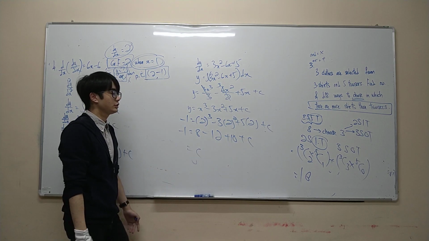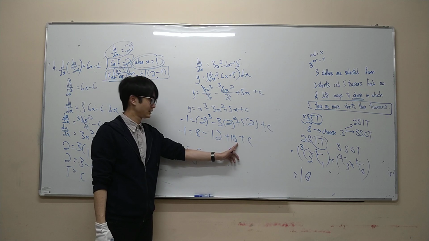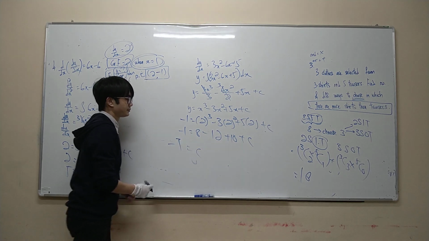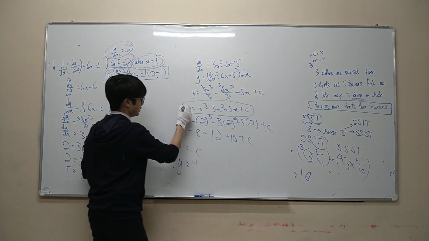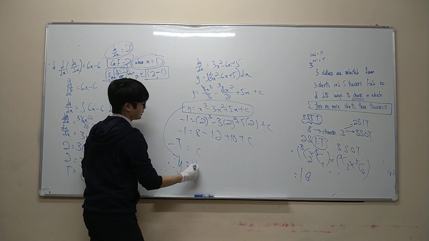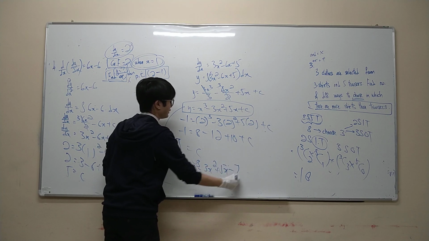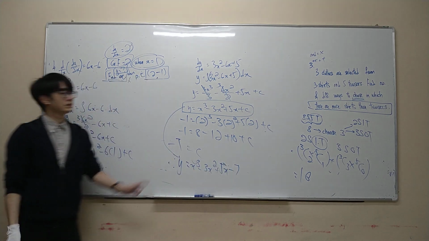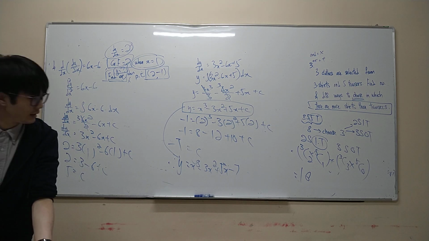So, 8 minus 12 is negative 4, plus 10 is 6, minus 7. So the answer will be y equals x to the power 3 minus 3x squared plus 5x plus c, which means minus 7 here, because c is negative 7. Alright, so that should be the answer.